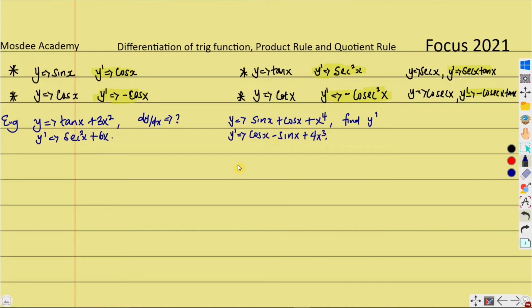These are simple things which you apply directly as you try to solve questions on trig functions in mathematics. Another one, we can just take the last one to understand it better. If we have y equals sin x plus tan x, in this case you can say y prime will be equal to cos x plus sec squared x.